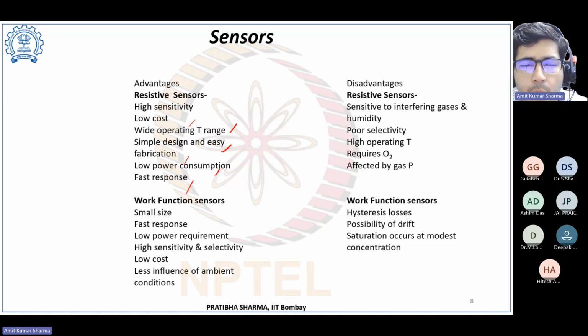Disadvantages: humidity, poor sensitivity, requires oxygen, affected by gas pressure. Then the work function type: small size, fast response, low power requirement, low cost, less influence of ambient conditions. Disadvantages: hysteresis losses, possibility of drift, saturation occurs at modest concentration.